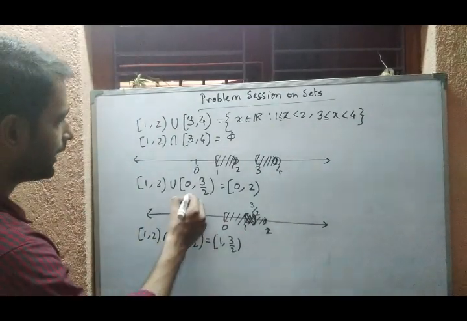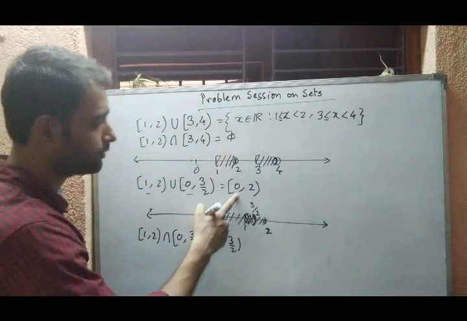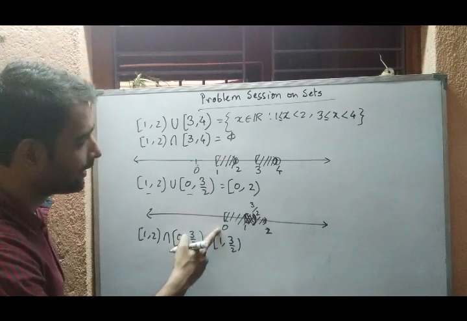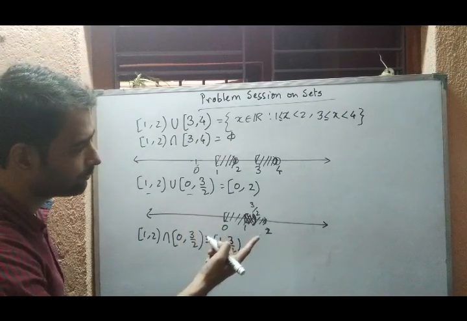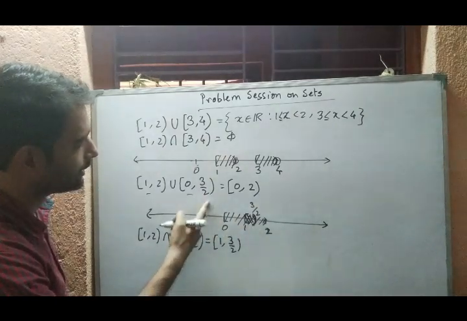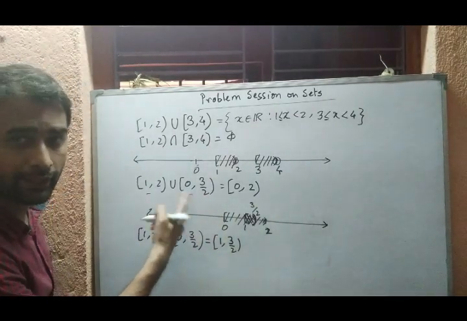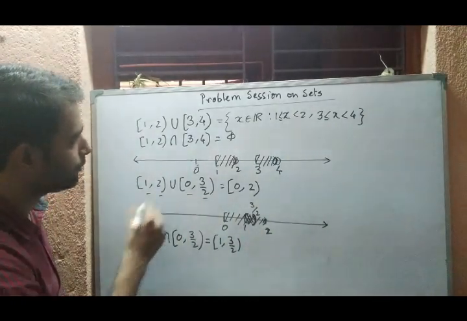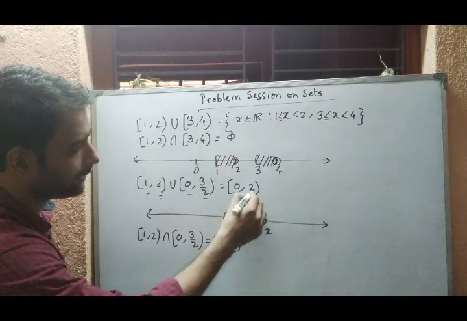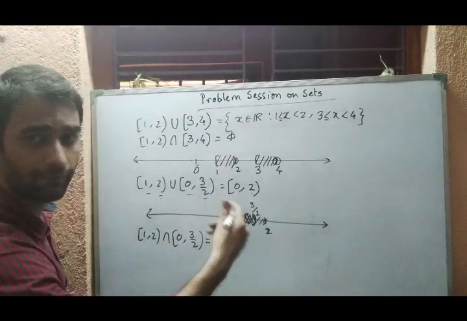Here they are 0 and 1. The minimum is 0, so that's why it is coming here. And for the right-hand point, we take the maximum of the two right-hand points of the given intervals. Here they are 3/2 and 2. The maximum is 2, so that's why it is coming here, because it will be in the farthest right corner.